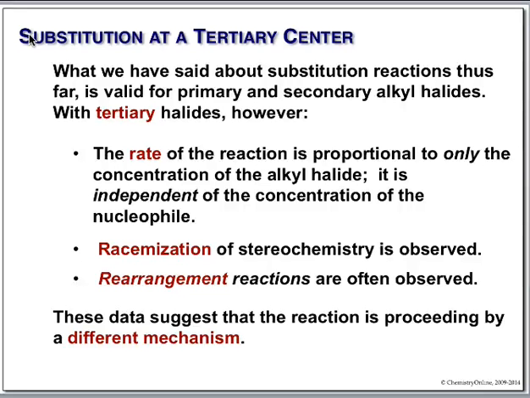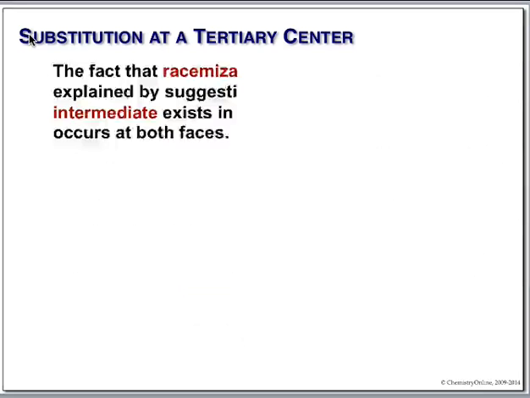Secondly, for an Sn2, we said we had inversion of stereochemistry. Here we have racemization, so we wind up with an equal mixture of stereoisomers. And finally, rearrangements happen. Remember, we saw rearrangements when we did additions of, say, HBr to alkenes, that we could rearrange our carbocation. Same thing happens here. We get rearrangements. This is clearly not your standard Sn2 mechanism.